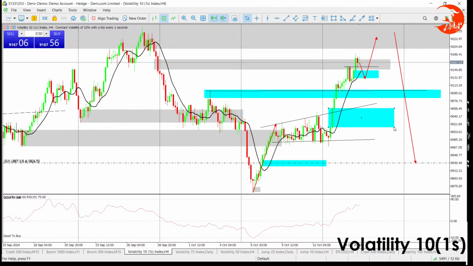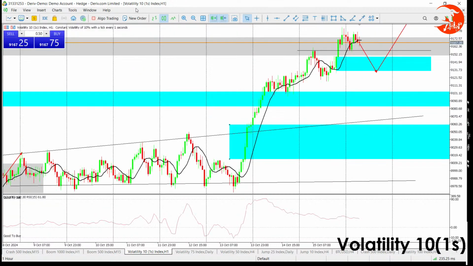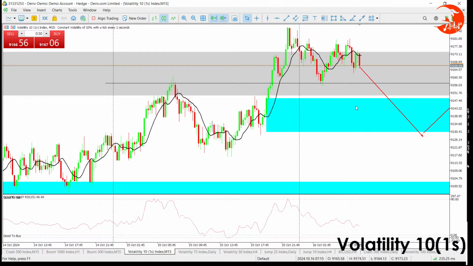If it does, still we'll be ready for it, but this is also liquidity left back. That would be some other liquidity to grab. So for now, according to H1, we wait for that. When it breaks that level, you can choose to make your entries.